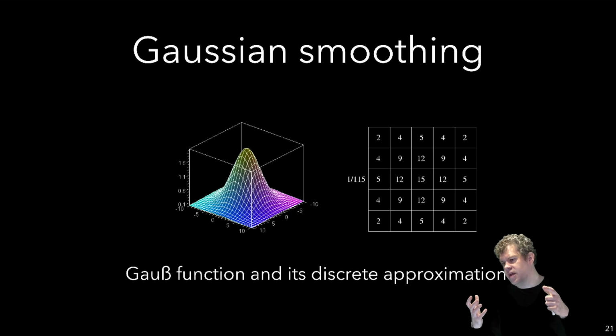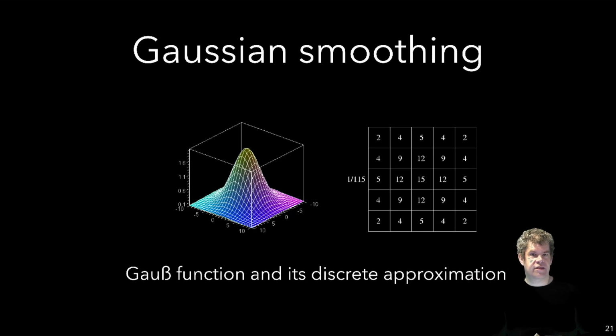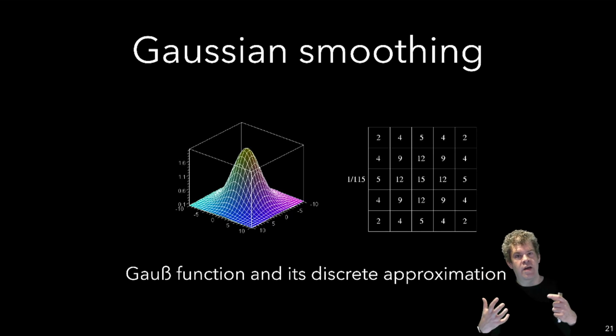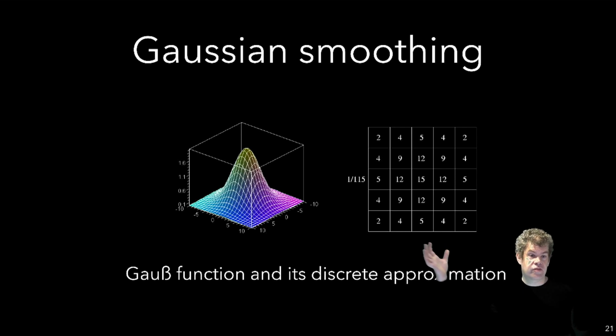Okay? And I can do this any way I want, but as statistics has shown, as mathematics has shown, a Gaussian function is a pretty useful approach here. So for instance, in 2D, if I choose a 2D Gaussian and then here I discretize that, I get these values. I normalize this in the end, so if I take all of the numbers here and sum them up, I get 115, so that's what the 115 in front of it means.